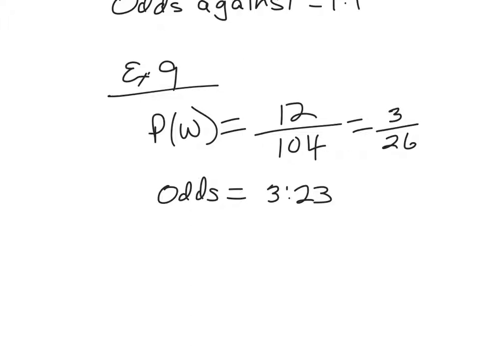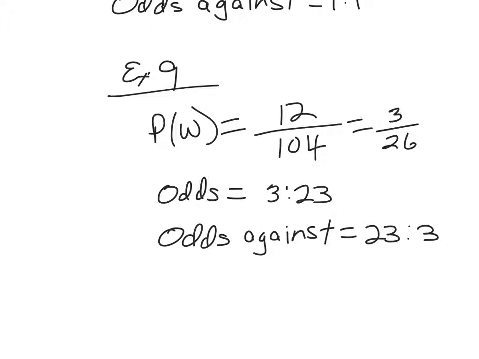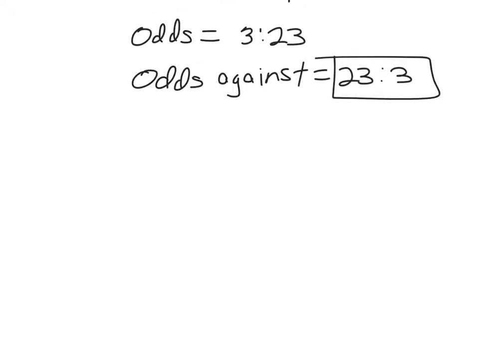And if the odds in favor of him winning are 3 to 23, then the odds against would be the reciprocal of that, or 23 to 3. Poor Bob. His odds aren't that good.